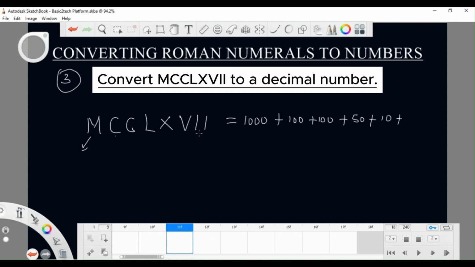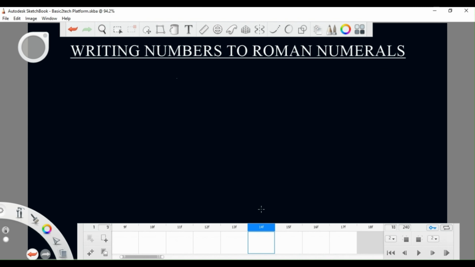I have a small number coming after a large number. So V is 5, plus II, that is 2. So what we do now is to add up. So 1,000 plus 100 plus 100 plus 50 plus 10 plus 5 plus 1 and plus 2, that gives us 1,267. This is the decimal number that MCCLXVII represents.